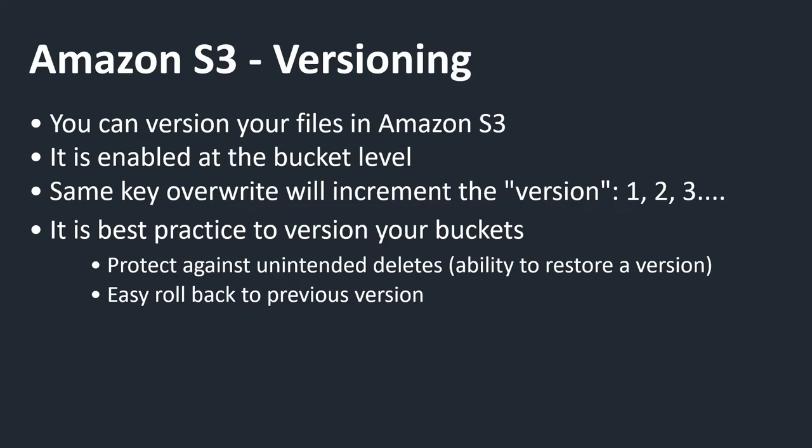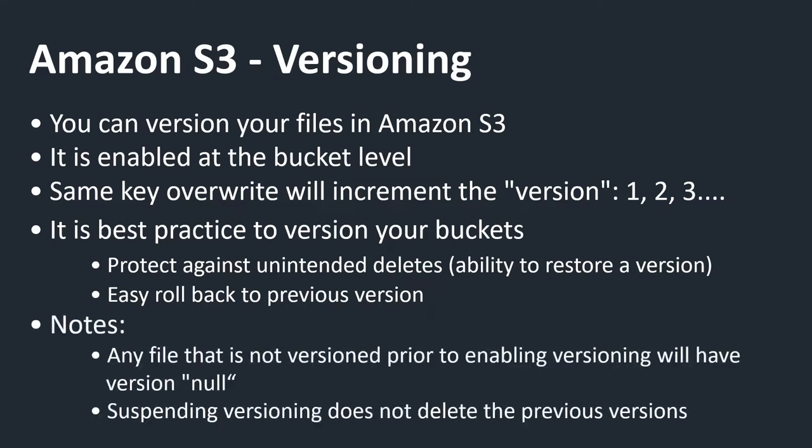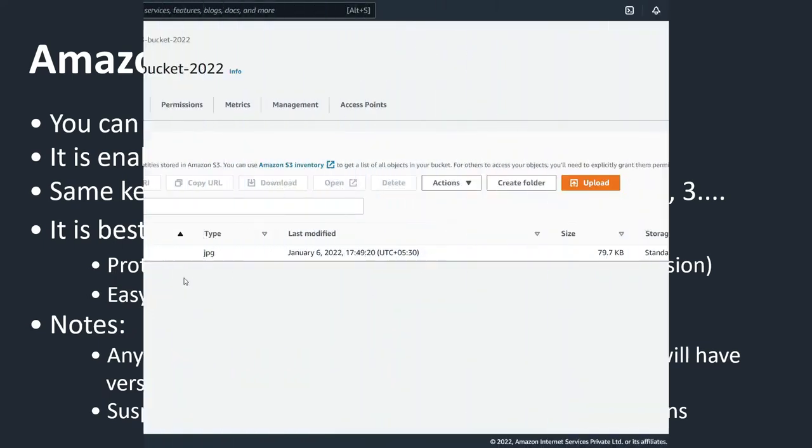You need to know a few things: any file that is not versioned prior to enabling versioning will have the version null. And if you suspend versioning in your bucket, it does not delete the previous versions, it will just make sure that future files do not have a version assigned to them. So let's go into the hands-on and see how that works.